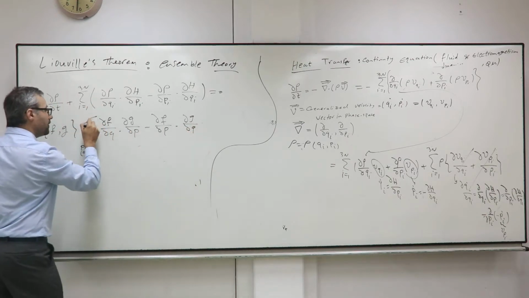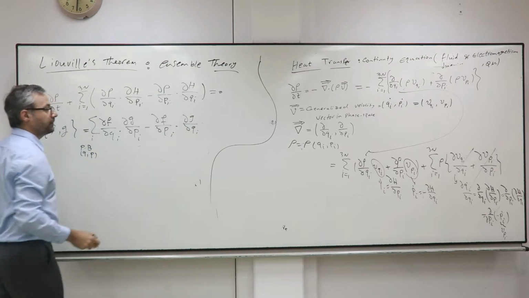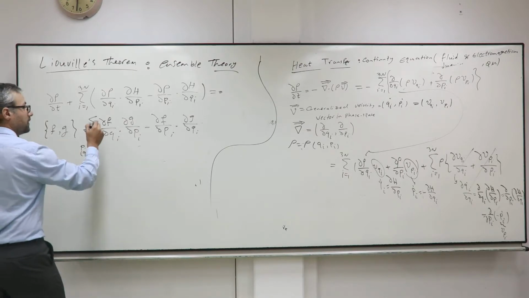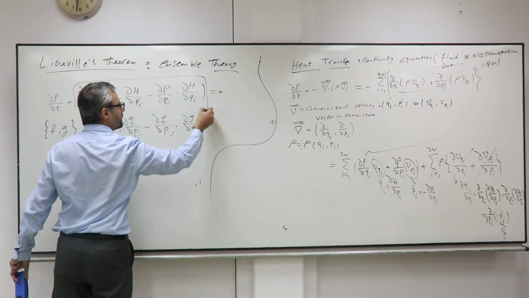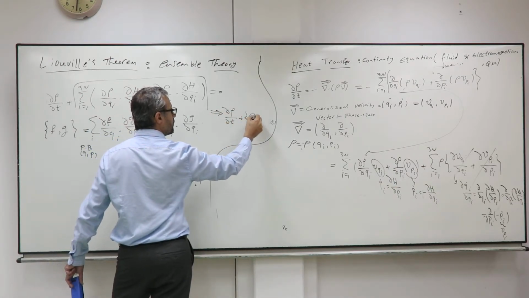If you have more than one coordinate, just add the index i and sum. This is very common. So using this convention, this is just nothing but the Poisson bracket of rho and H.